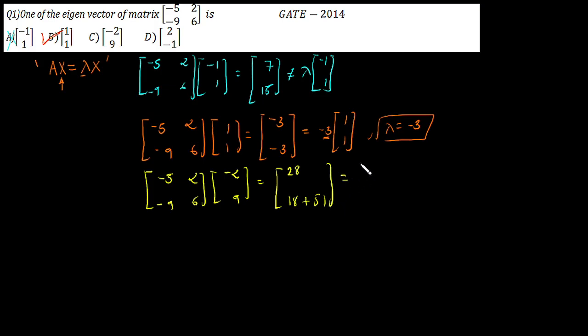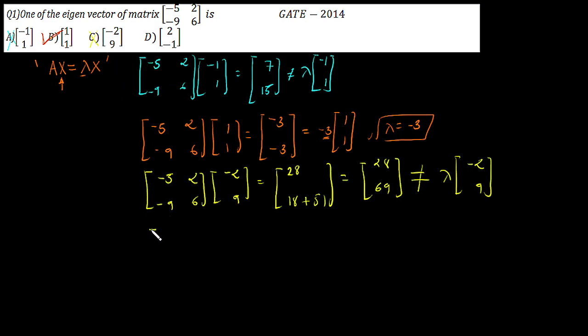So now let's further add these two numbers. So here we are getting 69. So now again you can see that we cannot represent this vector 28 comma 69 as -2 comma 9 multiplied with some scalar lambda. So again we cannot represent this vector in this form. So here again we have to put not equal to. So option C is also wrong.